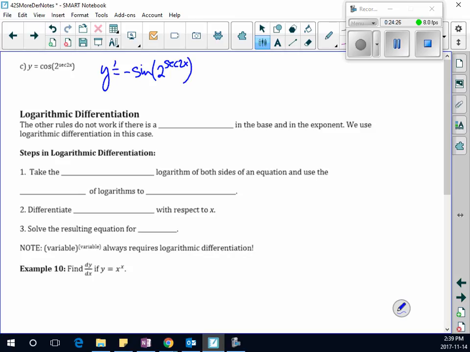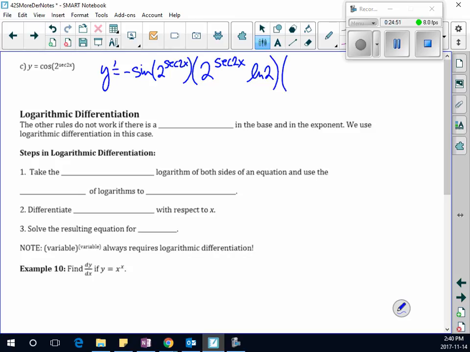Then you have to multiply it by the derivative of this inside function. The derivative of 2 to the power of something is the same thing, so 2 to the power of the same thing, but you have to have the correction factor in there, which is ln of 2. And then you have to find the derivative of that, right?